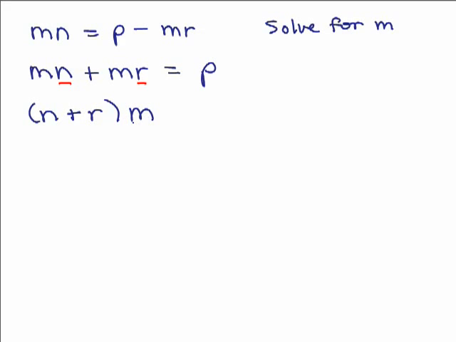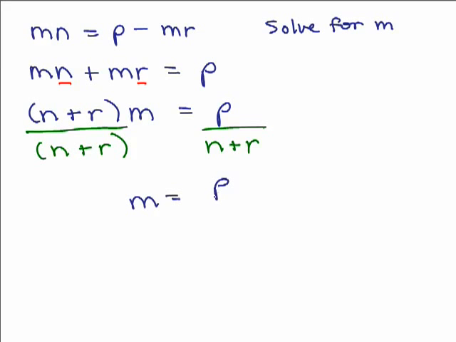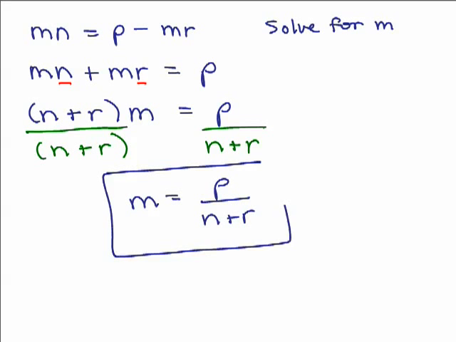Or you could have gotten the same thing by factoring an m out and writing m times n plus r. Either way works. And again, that's just like a 5m, but instead of a 5, it's an n plus r, so we need to divide both sides by the coefficient. So we've got m equals p over n plus r. All right.